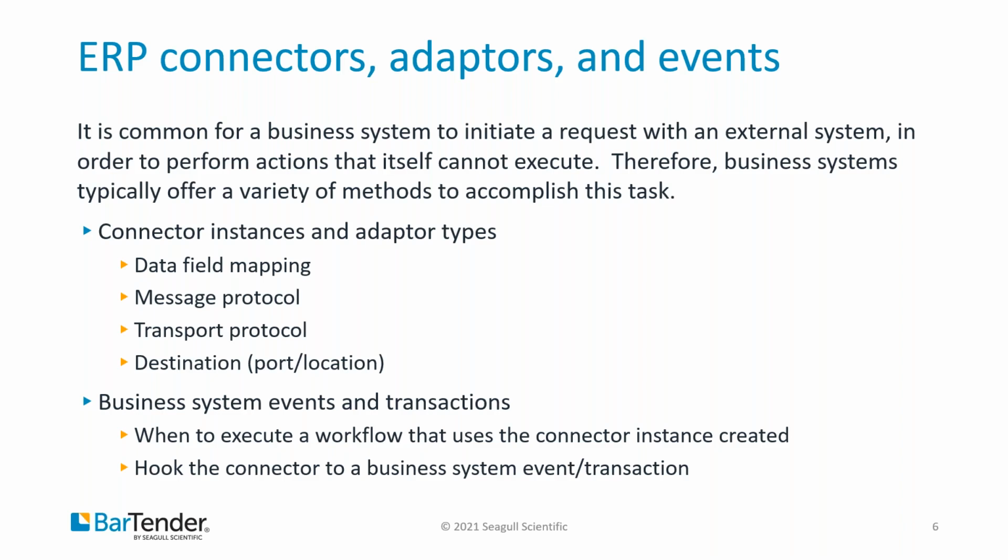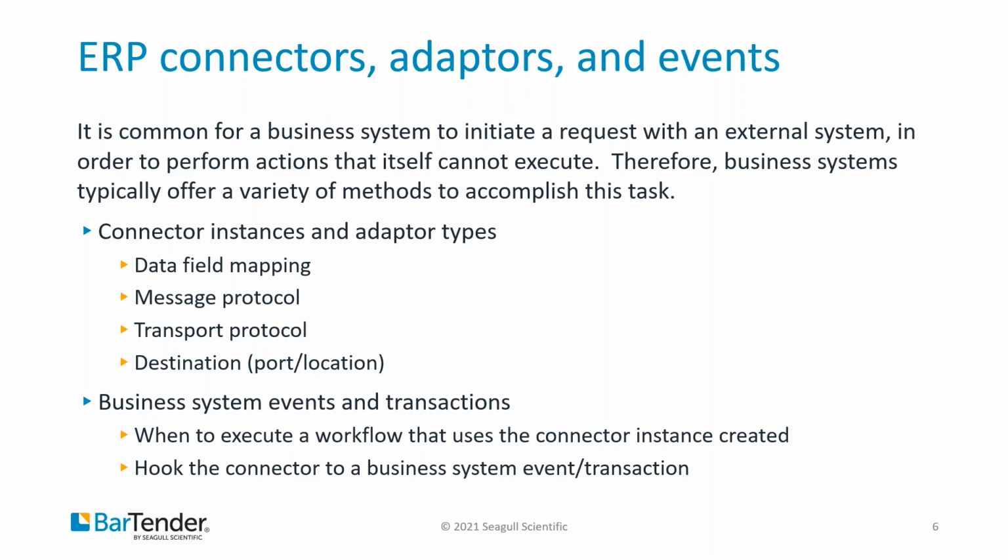The way I look at it, the way I've, in my mind, taken things to mean, is that a connector is an instance of how you wish your business system to connect with something else. What I mean by an instance, it's very particular for that particular thing.